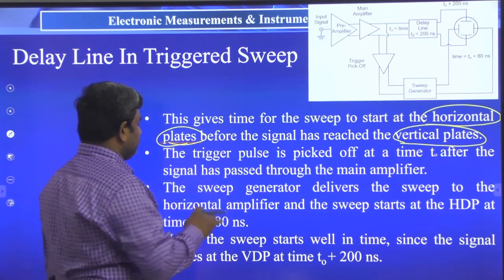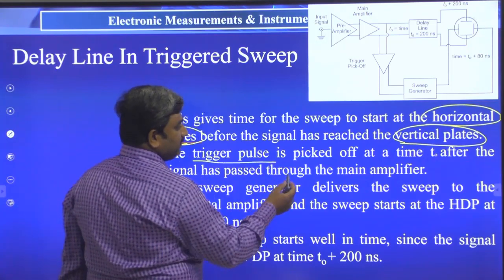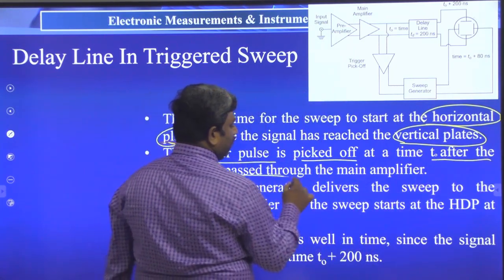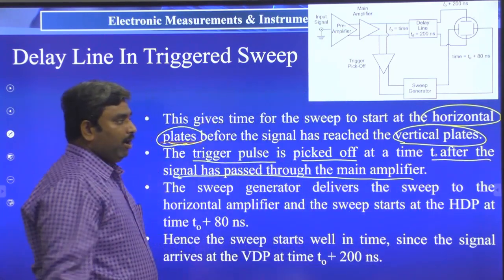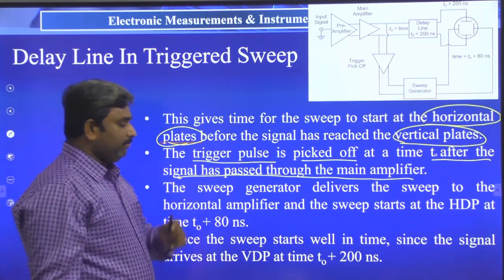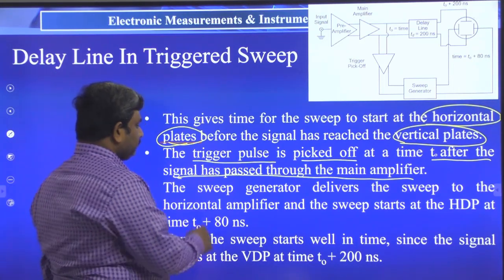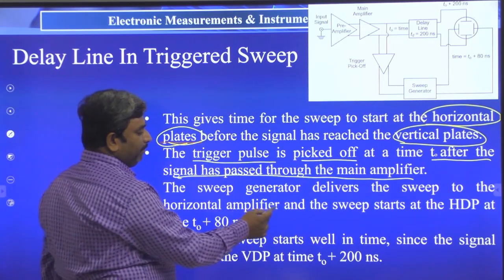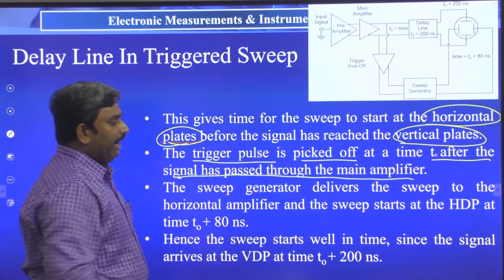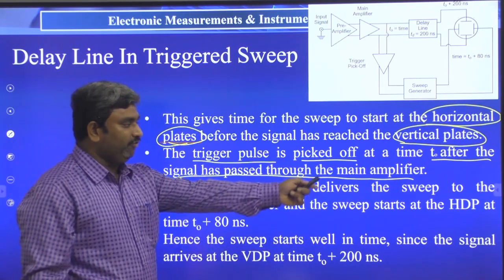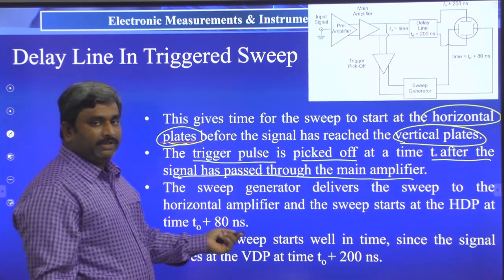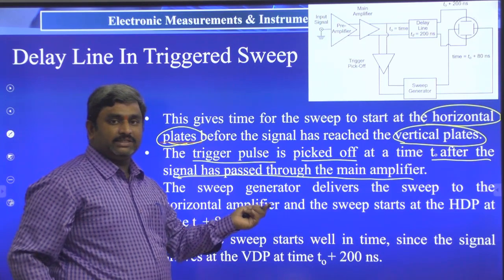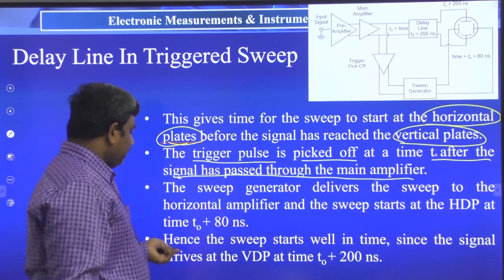Okay, horizontal deflection system. The trigger pulse picks off at a time T0 after the signal has passed through the main amplifier. The sweep generator delivers the sweep to the horizontal amplifier and the sweep starts at HDP, horizontal deflection plates, at time T0 plus 80 nanoseconds. So this is the time it will take for the sweep information to reach the horizontal deflection plates.